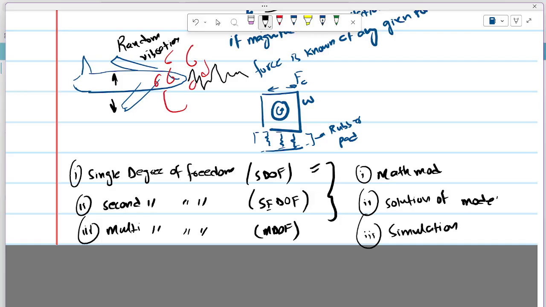In the initial lectures, we'll focus on the mathematical model, how we can derive a mathematical model of different kinds of systems. Once you get proficiency in this, then we'll move toward the solution of the mathematical model. We will see different techniques of mathematical modeling, then different techniques of performing the solution, and then different techniques of doing the simulation of that system. This is how we will proceed.